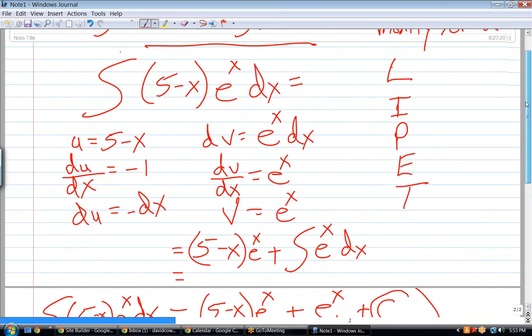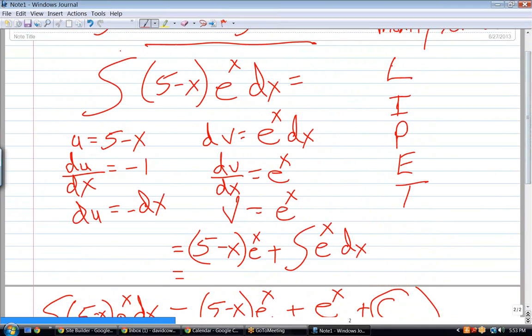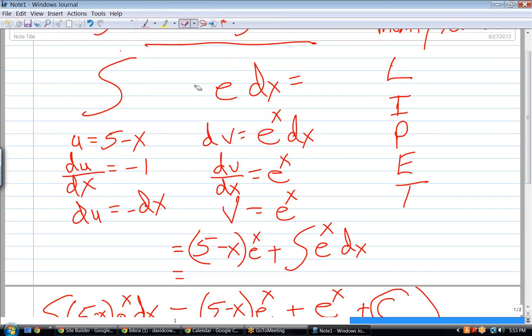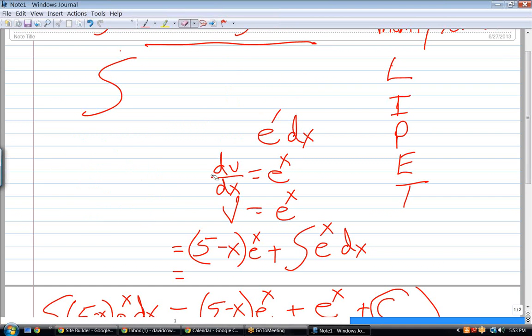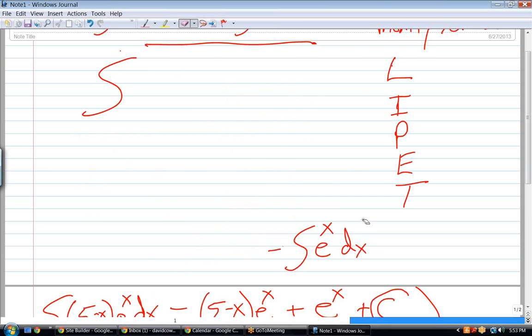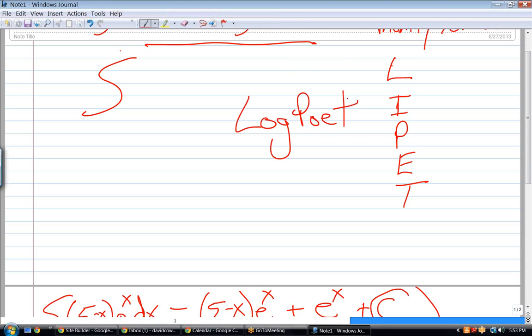Let's go back to this step so that we always have this LIPET to refer to. Now, I've also seen in calculus books where instead of LIPET, it's LOG POET. Very similar. First, look for logs.